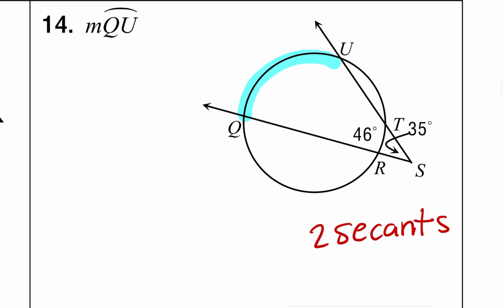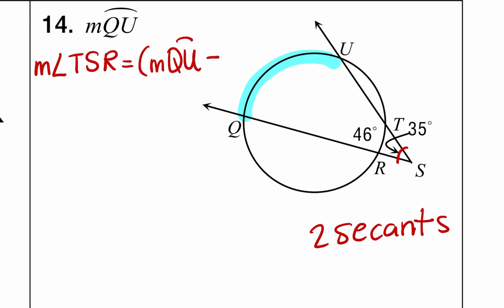Okay, let's go back to 14. So we should be able to set up here that the measurement of angle, in this case, that would be angle TSR, this angle here, will be equal to the larger arc, which is the one we're looking for, QU, minus the smaller arc, and that's going to be TR.